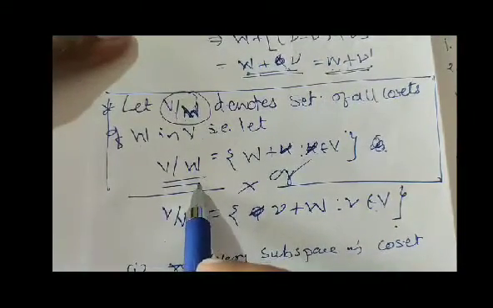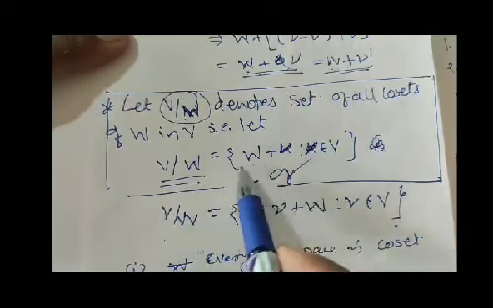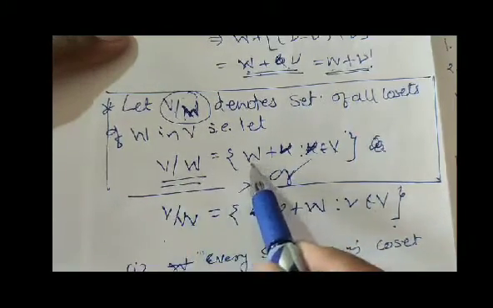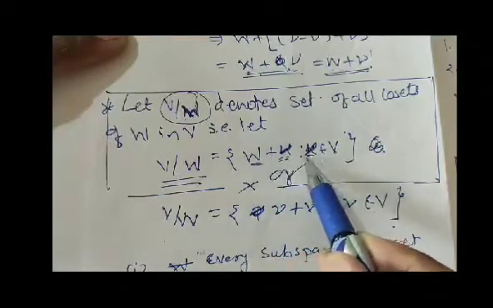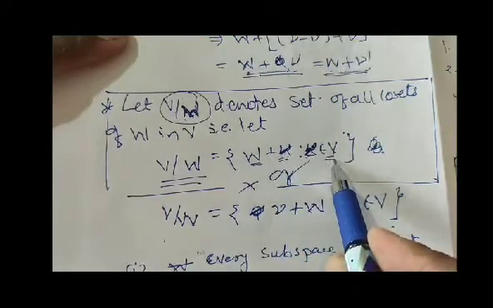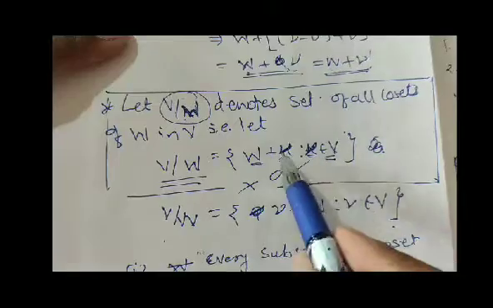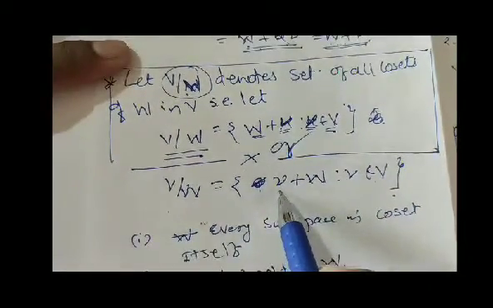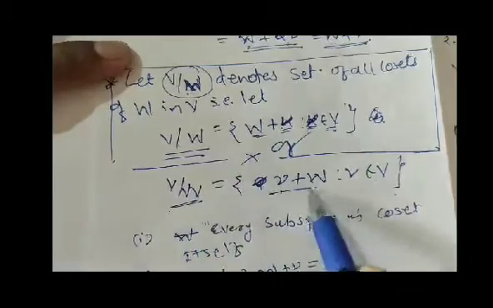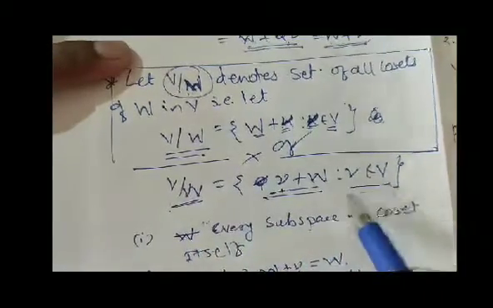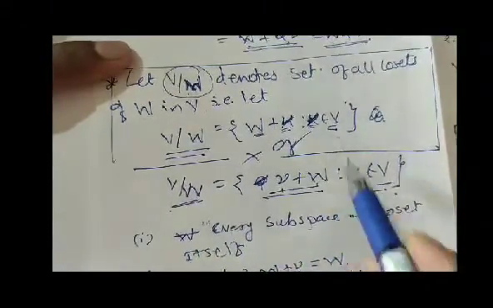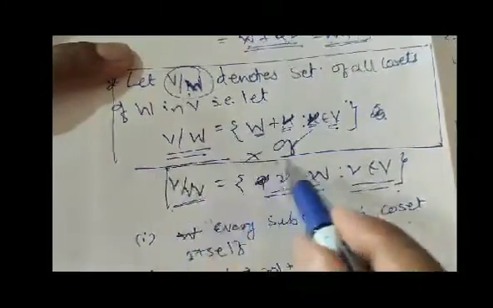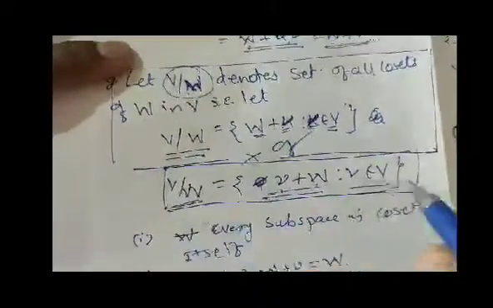So V by W is W plus nu, where nu belongs to V. These are the right cosets, or these are the left cosets, so V by W is equal to nu plus W, where nu belongs to V. Either of these, no problem, but in our syllabus books we use this notation.